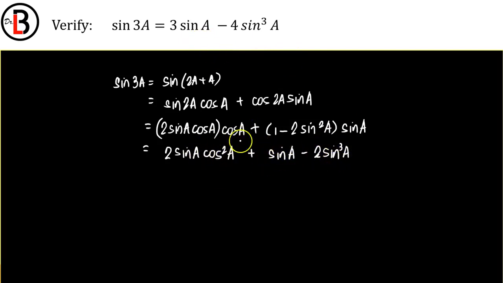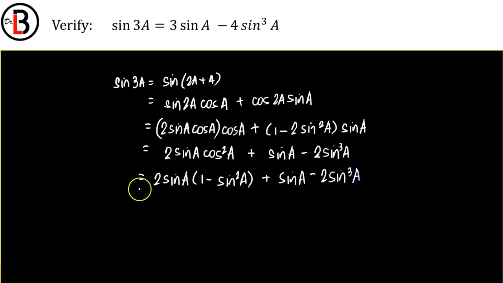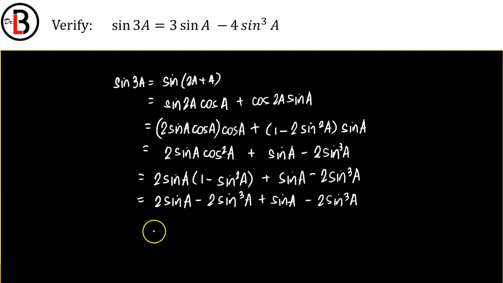The problem is there is cosine. So that cosine, I could still replace using the Pythagorean identity. And then let's just copy the others, 2 sine cubed of A. This one, if I distribute, is 2 sine of A minus 2 sine cubed of A plus sine of A minus 2 sine cubed of A. So now we can combine those similar terms.